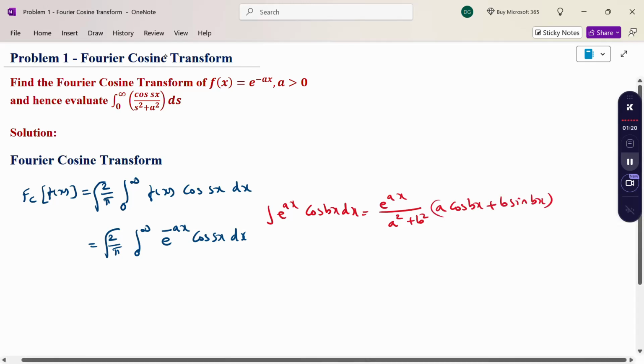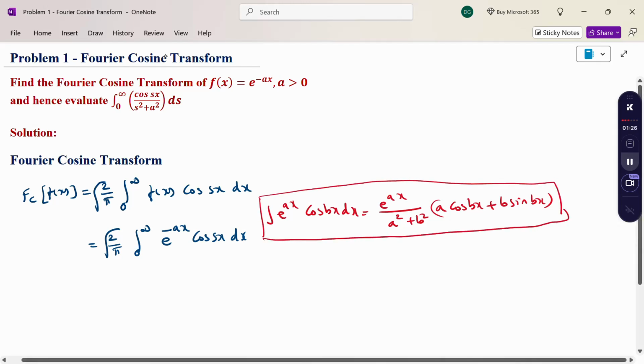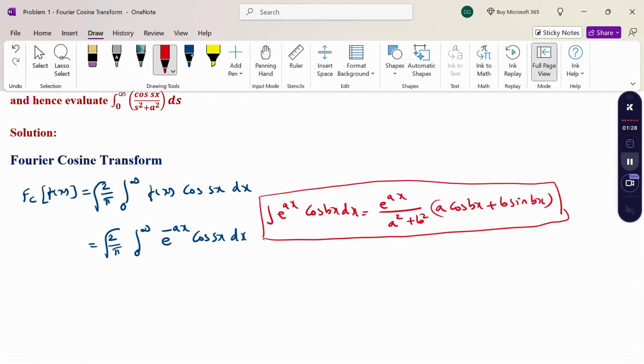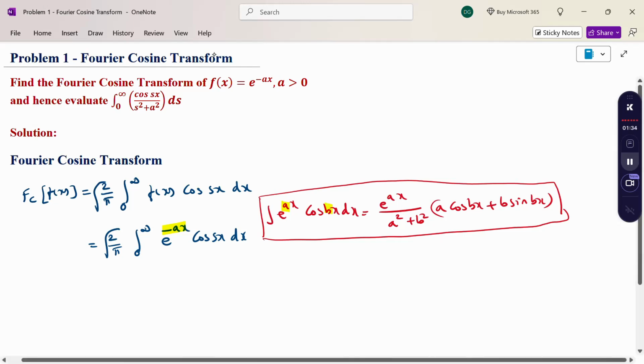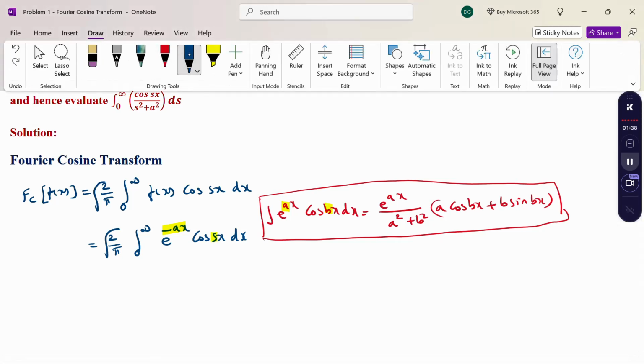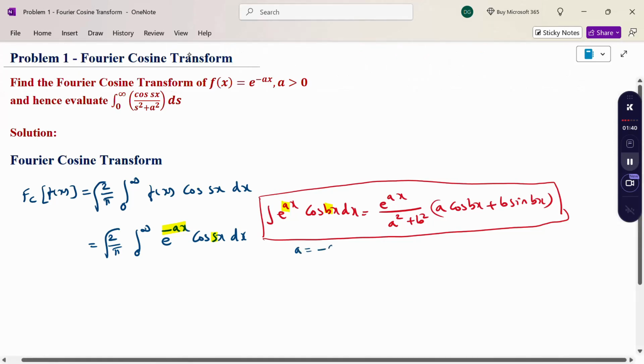So this is the formula. In this formula, compare: a here is minus a, and b is s. So a equals minus a, b equals s.